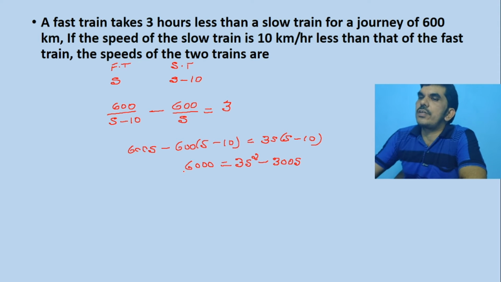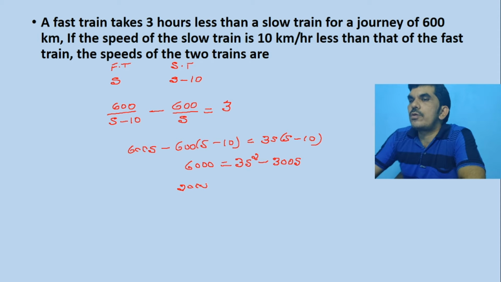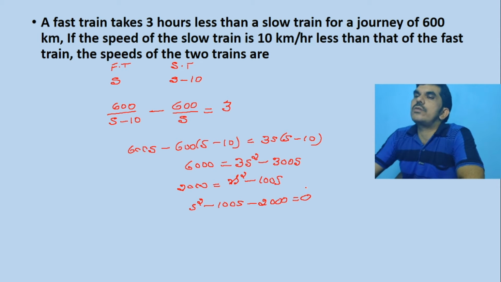So if I take 3 outside, I will get 2000 equal to s square minus 10s. So quadratic form, s square minus 10s minus 2000 equal to 0. Sorry, this is not a 300, this is the 30, and it becomes a 10. Not a 100, it is a 10.